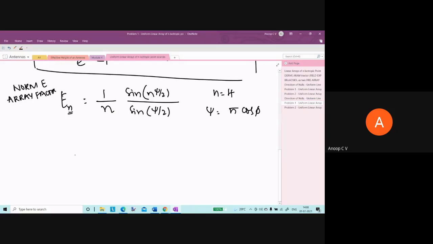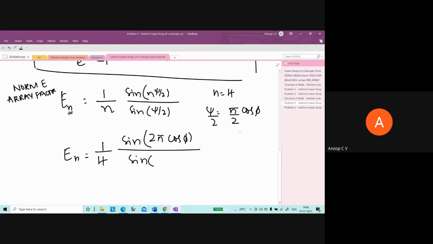En will be equal to 1 by 4 sine of 4 into ψ/2. ψ/2 will be π/2 cos φ, so 4 into ψ/2 will be 2π cos φ. So I'll write it as 2π cos φ divided by sine of ψ/2, and ψ/2 will again be π/2 cos φ.